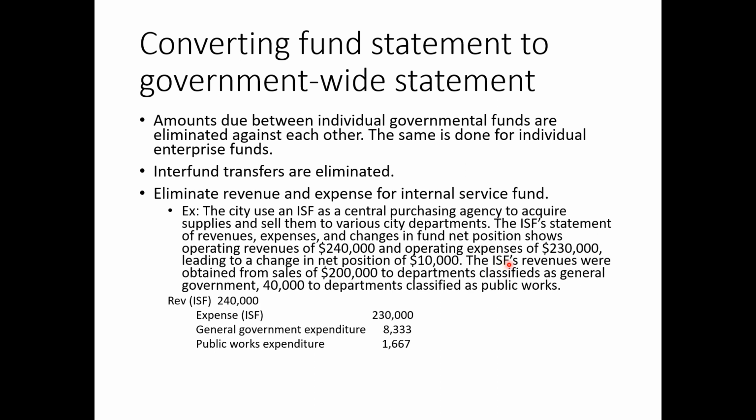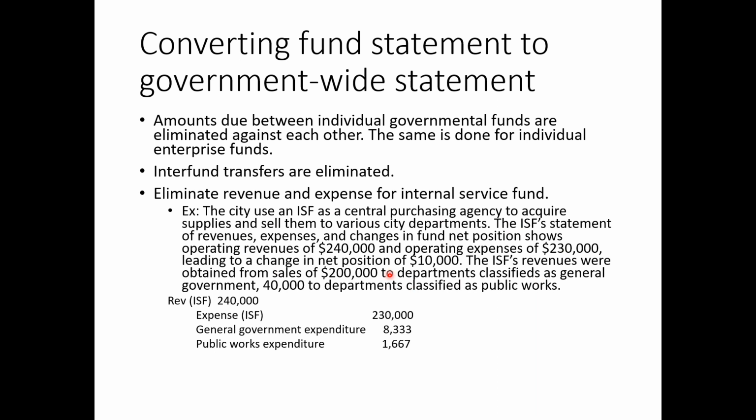The internal service fund's revenues were obtained from sales of $200,000 to departments classified as general government and $40,000 to departments classified as public works.